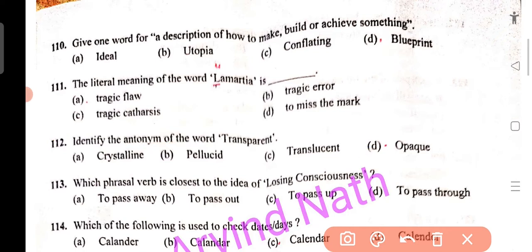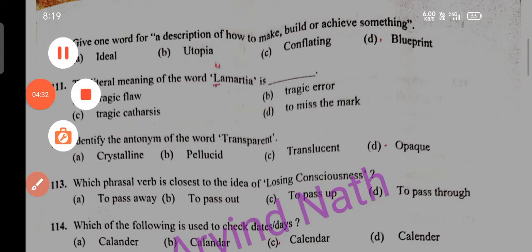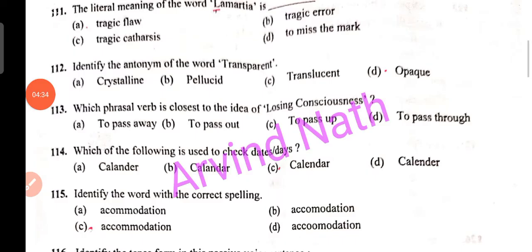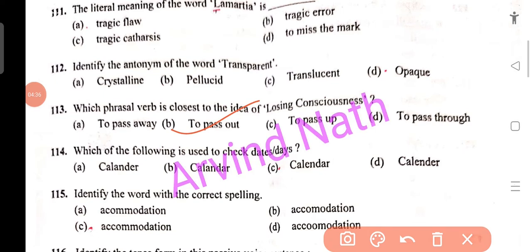Now question number 113: which phrasal verb is closest to the idea of losing consciousness? The right answer will be pass out.